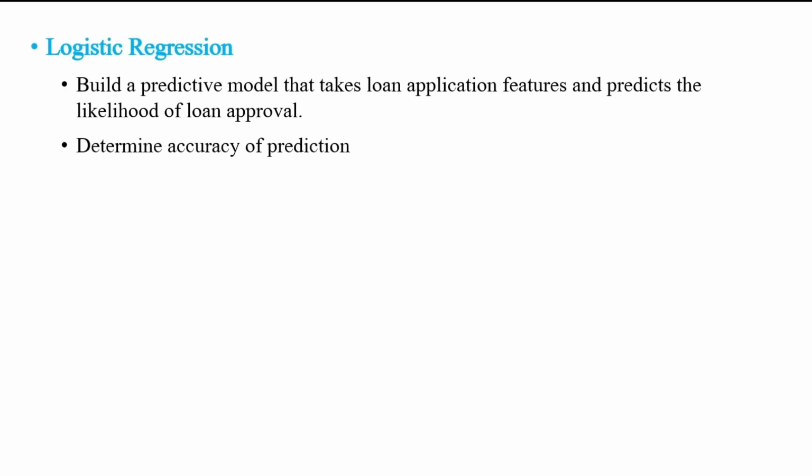Some of these features are what we have already discussed, and we will use these features to predict the likelihood of a loan approval. That means determining if a loan gets approved or rejected. And lastly, under the logistic regression, we will be determining the accuracy of our predictions. So briefly, this is what we will be discussing under this analysis.